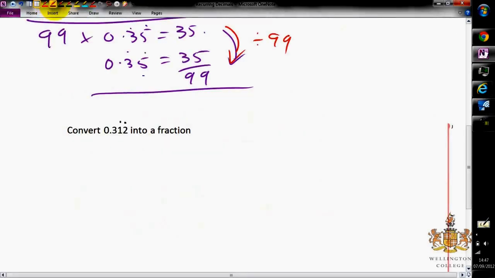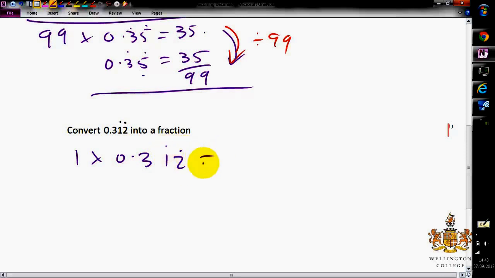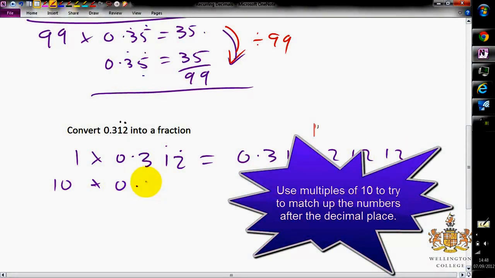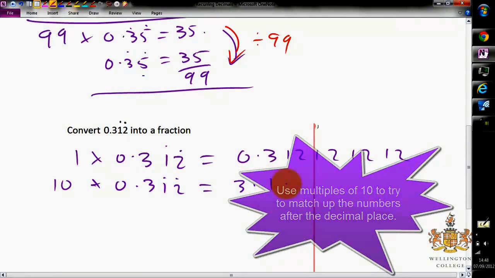This question is a little bit more interesting in that we only have 2 of the digits reoccurring. So what we've got in 1 times 0.312 reoccurring is 0.3, and then it goes 1, 2, 1, 2, 1, 2, 1, 2. Again, just use our technique. Times by 10 will move the decimal place once.